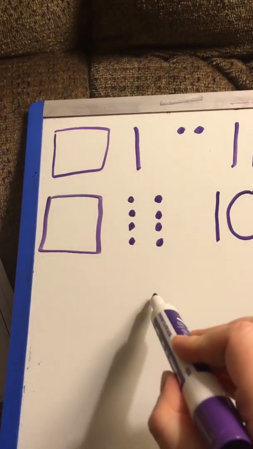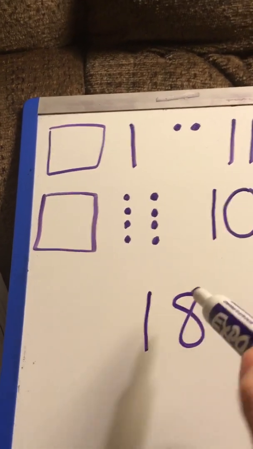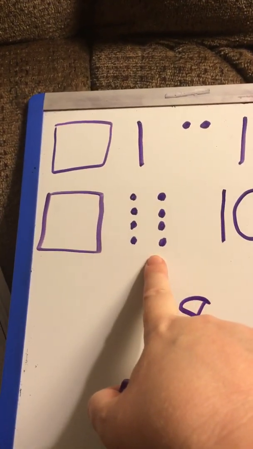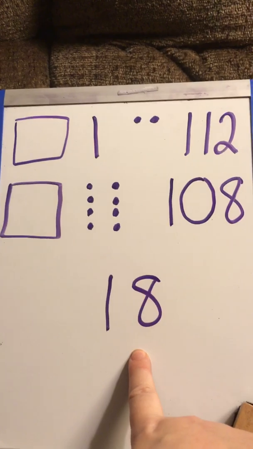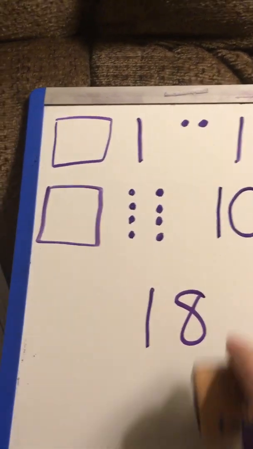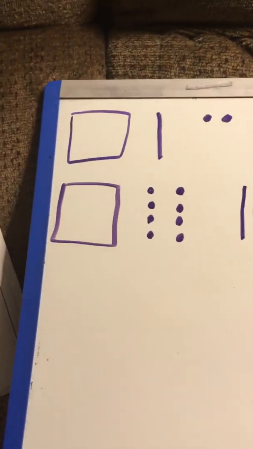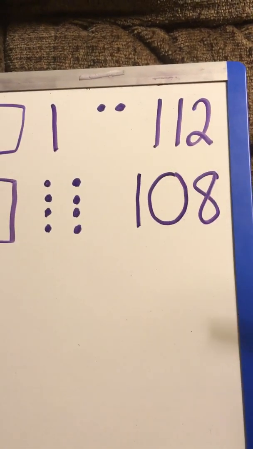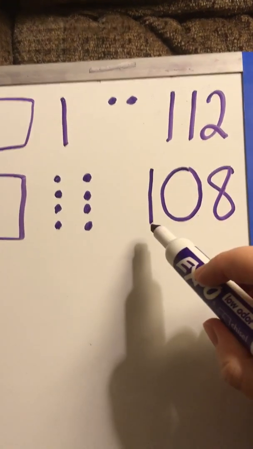They might write a 1 and an 8 because they see a 100 block and then they see 8 ones. Well, that number is not 108. That number is 18. That's very different. So you have to be careful. If there are no tens blocks, you have to put a 0 in the tens place. So that number says 108.